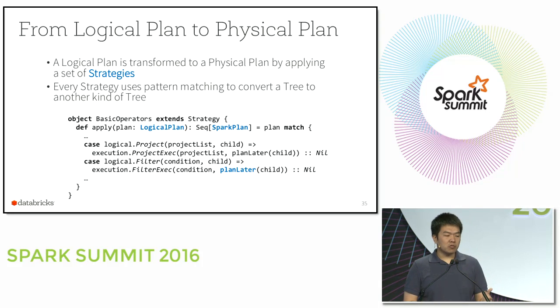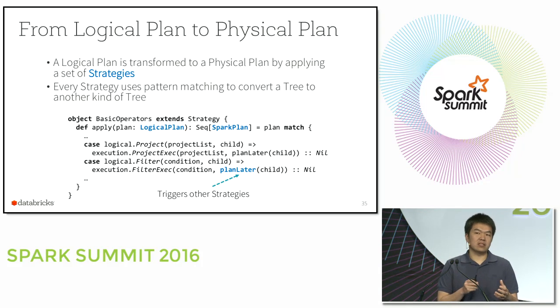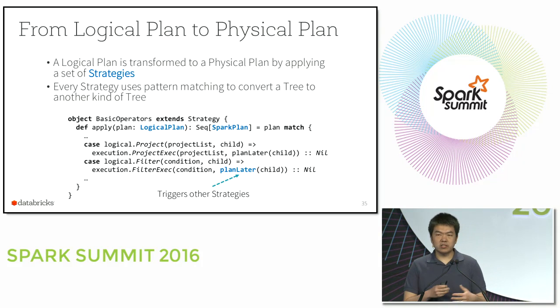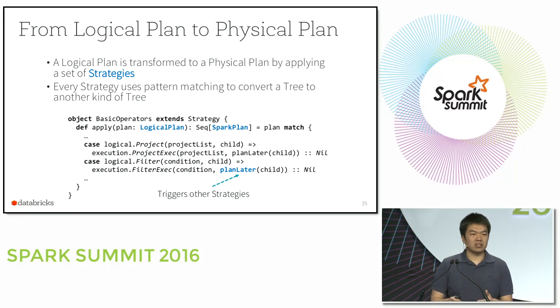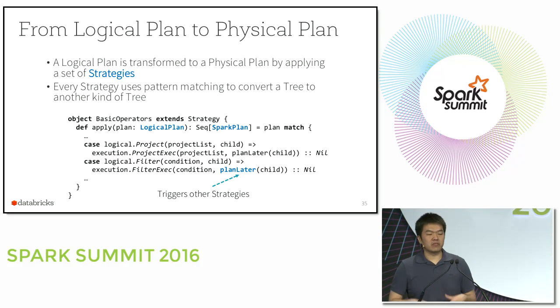And whenever a strategy sees any kind of logical plan that it doesn't recognize, the strategy will call planLater, which will trigger other strategies to help us convert that part of the logical plan to the physical plan.